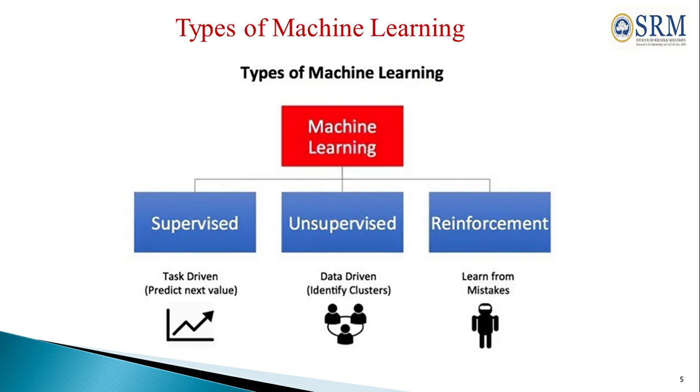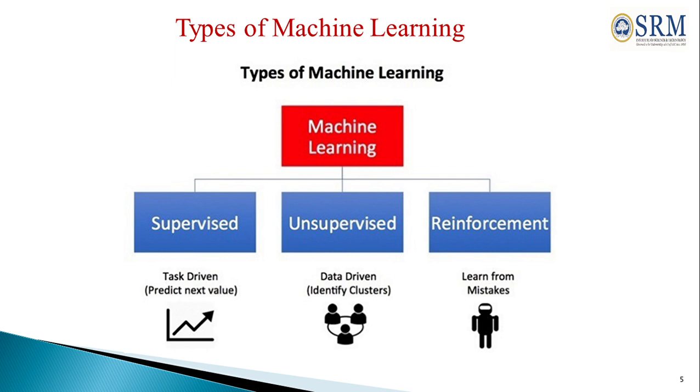Now moving on to the types of machine learning. Machine learning could be supervised learning, unsupervised learning, or reinforcement learning. The other classification is also there, that is semi-supervised learning. Now what is supervised learning?